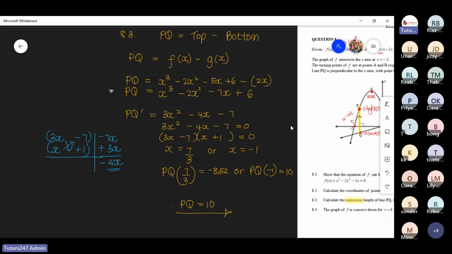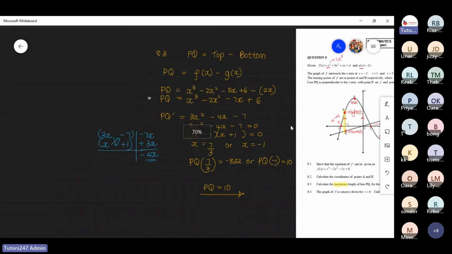If they specify what value, they're referring to y. So if they say what value of x, that's them being specific, you need to write down the x value. But if they don't, when they're asking for the y value, they won't state what value of y. They will just state what value gives you the maximum. That means what y value, okay? So that is it basically.